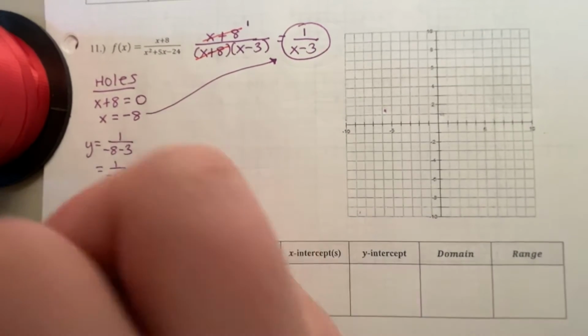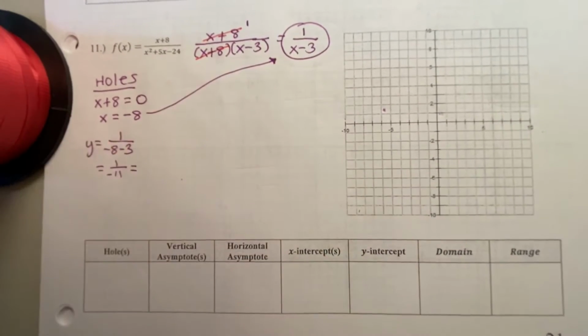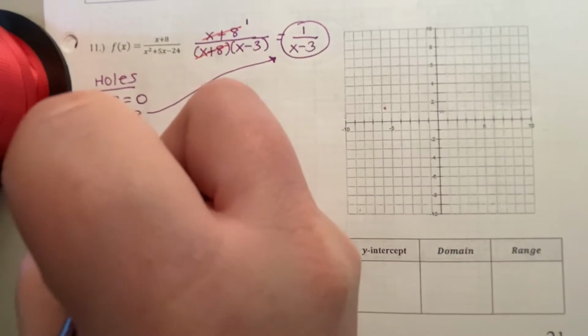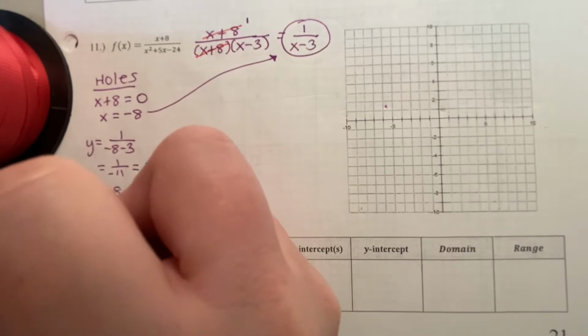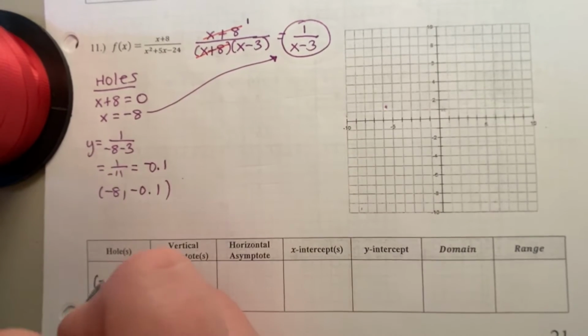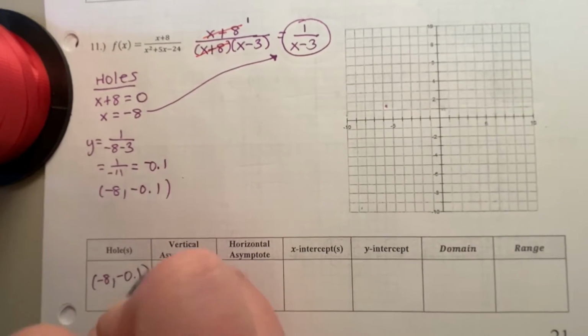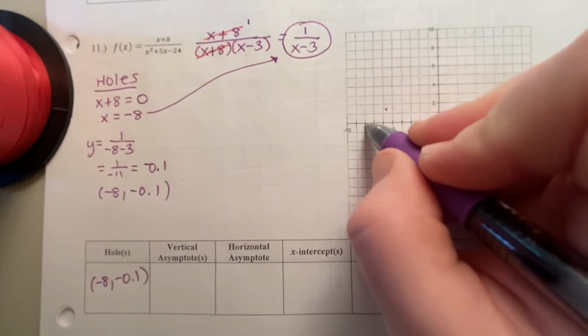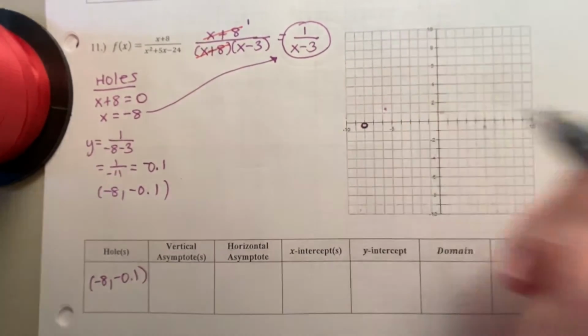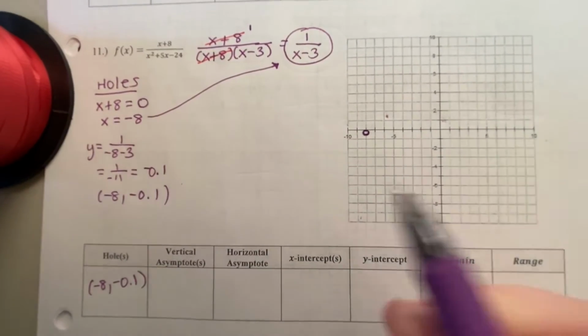Now, it's a little easier to graph as a decimal, so that would be negative 0.1. So my hole is negative 8, negative 0.1. So I can plot that point on my graph. And it barely goes under the x-axis, which is hard to show when you don't have a whole lot of space.